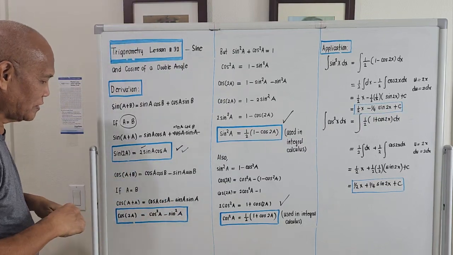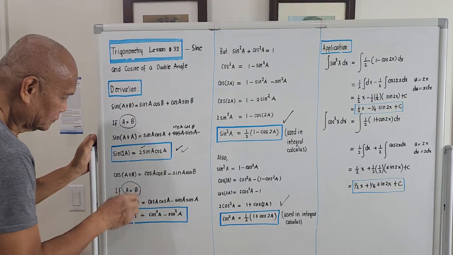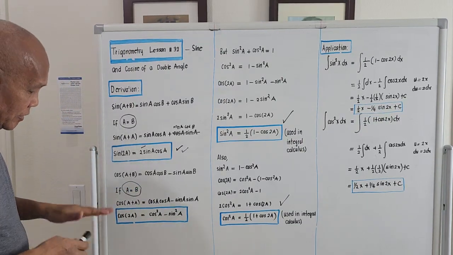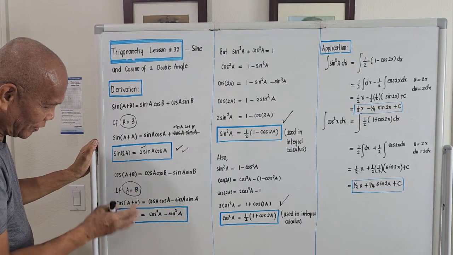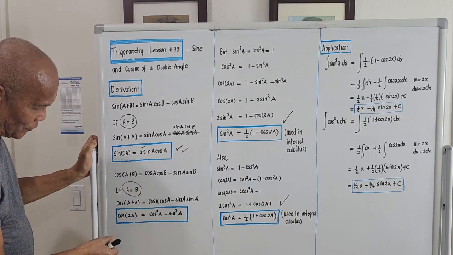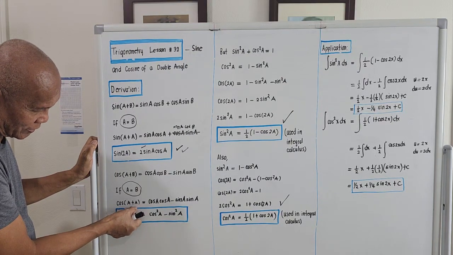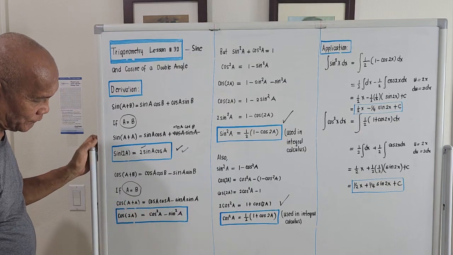Or supposing A now will be equal to B, what will happen? Try to substitute B equal to A back here. Cosine of the quantity A plus B, but B is equal to A, so this will again be A, closed quantity, equal to.